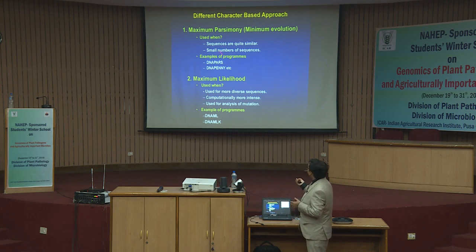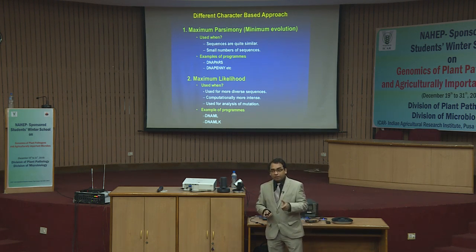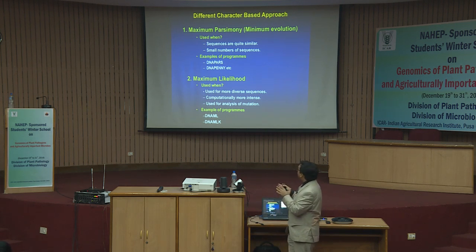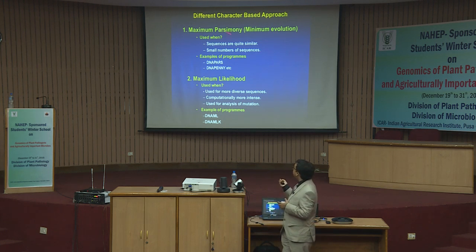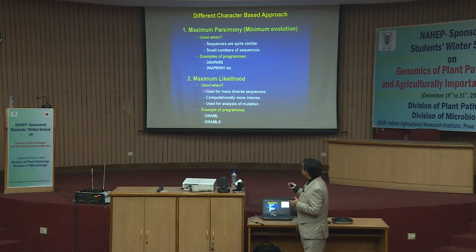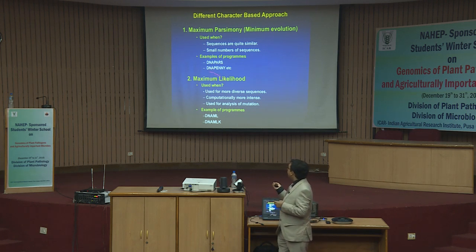Now, if your sequences are quite similar, different strains or isolates of a particular pathogen, and if you have a relatively small number of sequences, then you use the maximum parsimony method. If your sequences are much more diverse, and much more numerous, then you use the maximum likelihood method.